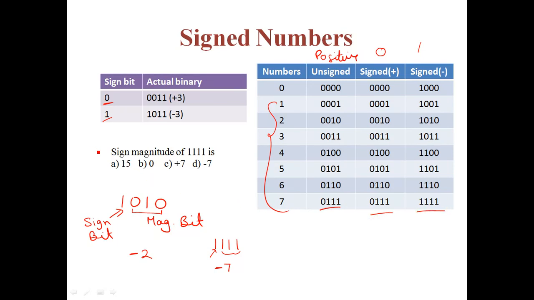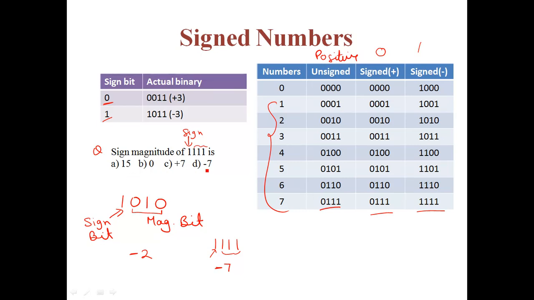So this is a question. The sign magnitude of this is, options are 15, 0, plus 7, minus 7. If we are talking about sign magnitude, it means the first bit will be your sign bit and the rest 3 bits will be the number. So 1 represents negative.